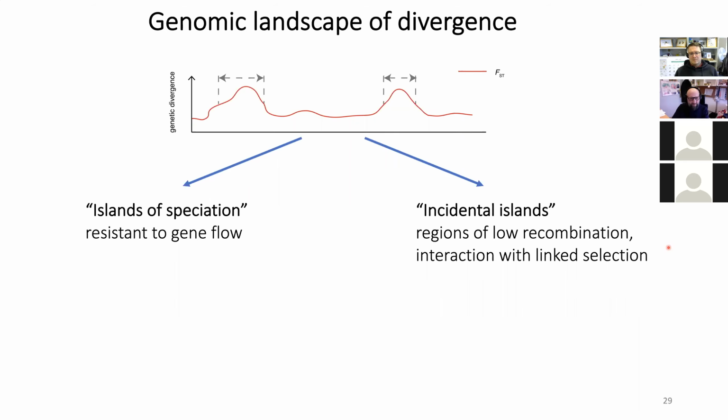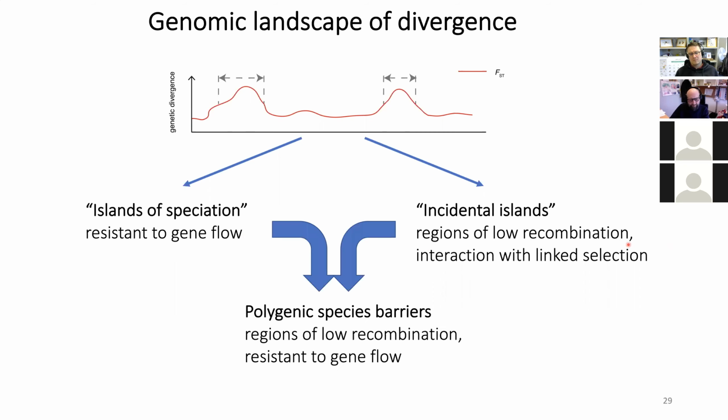So we have features of these islands of divergence that match both of the possibilities: they seem to be regions that in the sympatric comparison are resistant to gene flow, but also that they are accumulating in regions of low recombination.